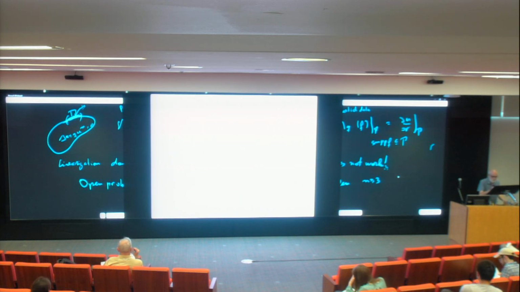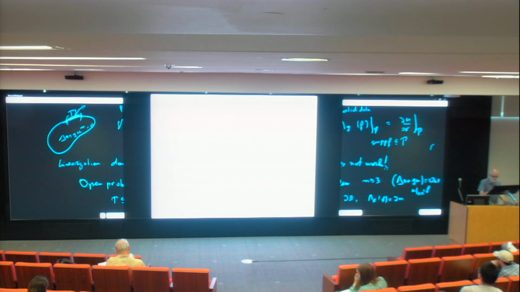You take Laplacian u plus qu, the linear problem, equal to 0 on omega, and u equal to f at the boundary. You have a subset of the boundary, and you make the electrical measurements only on this subset of the boundary, and the F is supported on the same set.